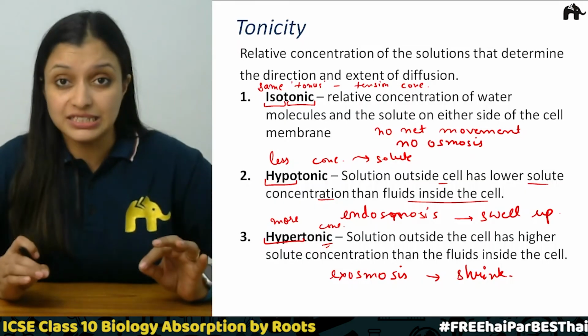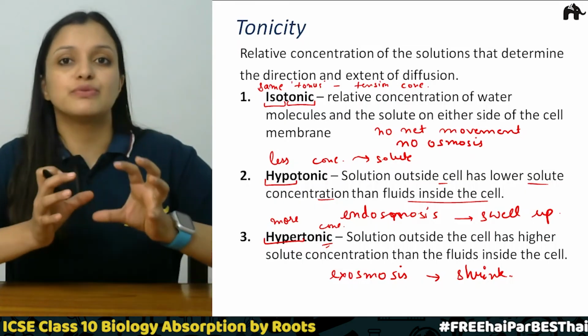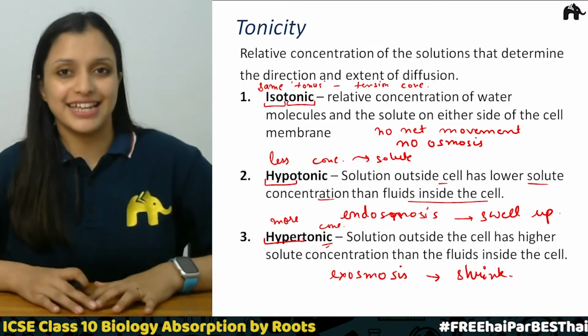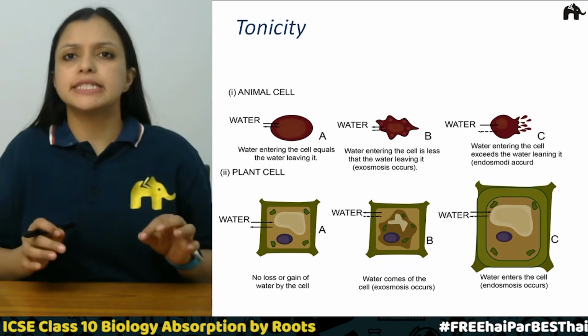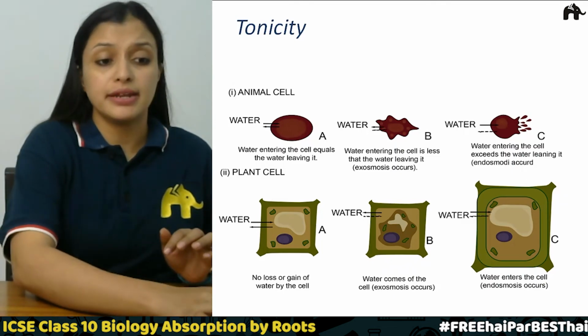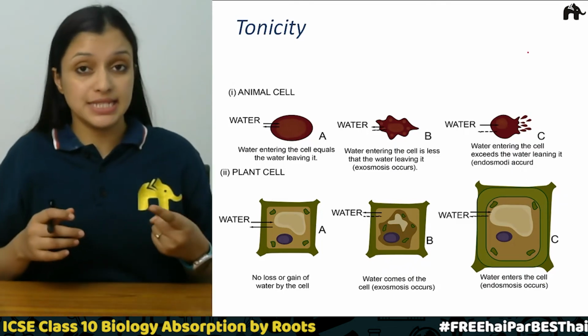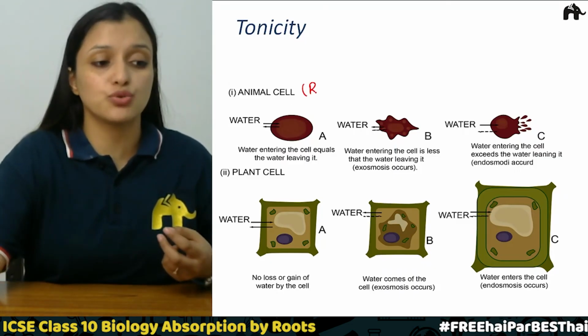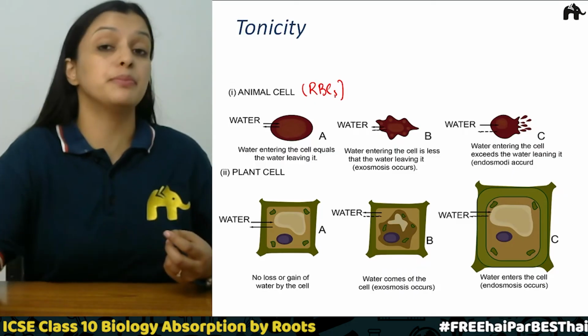Please understand them and relate them with each other. We always use a diagram that we will be using in our next slide. So let us now move on to our next slide, where we have taken one animal cell and one plant cell. This animal cell is going to be RBCs, the red blood cells.